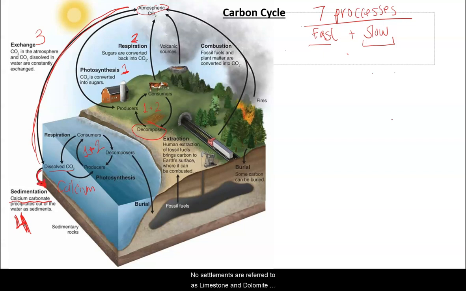And those sediments are referred to as limestone and dolomite, which are types of rock basically. So they'll build up in sediment and over many, many millions of years slowly grow into mountains and rocks and things like that. So there is a huge amount of carbon stored within the sediment, which is important to note because that will be useful to the atmosphere in a million years once those mountains begin to grow.